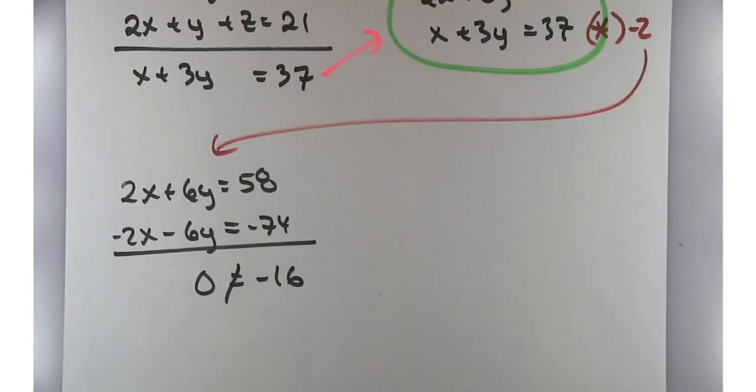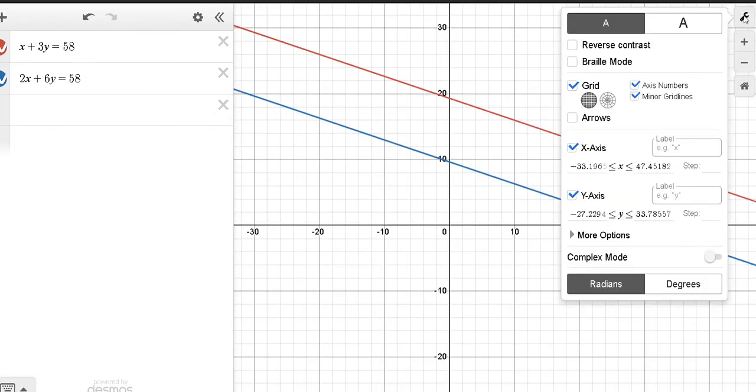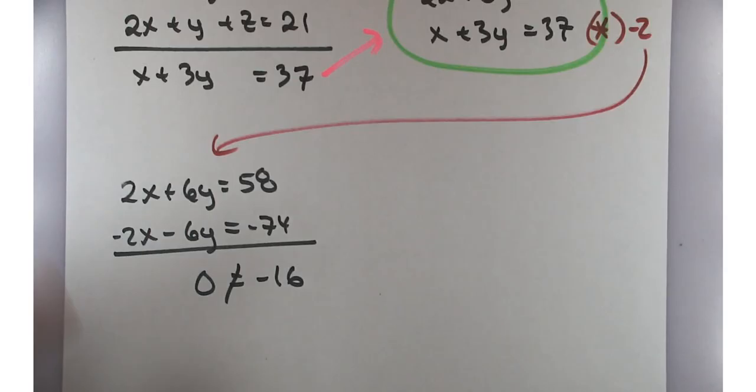It's inconsistent. If you actually graphed those two equations, like I did here, what are you seeing from those two equations that catches your attention? Parallel. They're parallel. They never meet. So there's not going to be a solution there, and that means there's not going to be a solution to this system of equations.